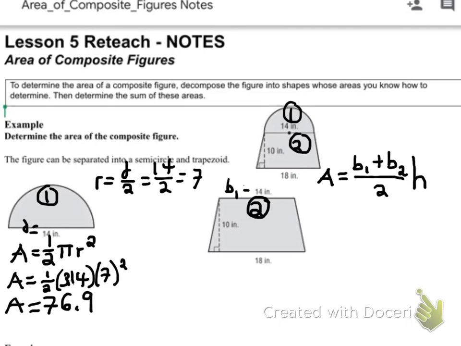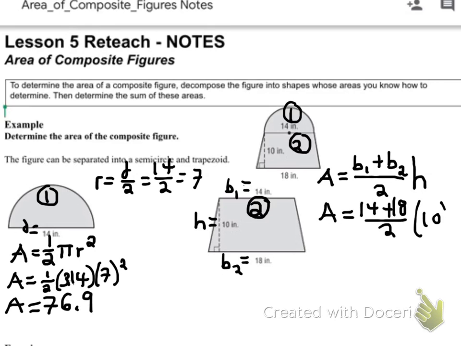B1 will be 14 inches. B2 will be 18 inches, and our height has to be 10 inches. Now we'll plug in our numbers. 14 plus 18 gives us the B's, and then our H is 10.